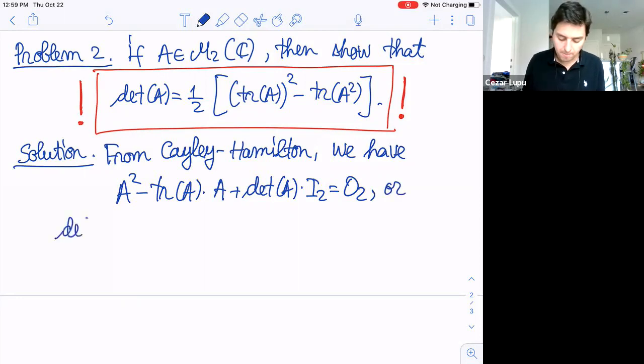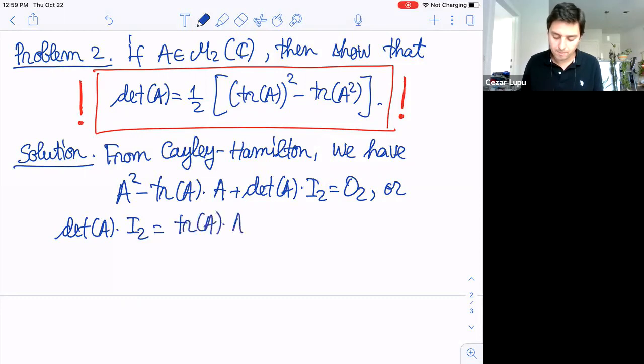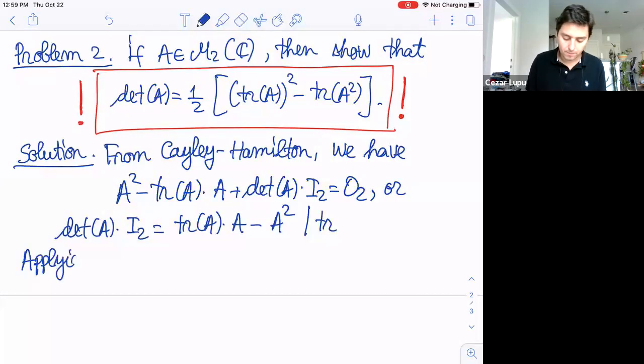The determinant of A times the identity is nothing else than just trace of A times A minus A squared. So what would you do here? Let's apply the trace. So taking the trace, what do we get?